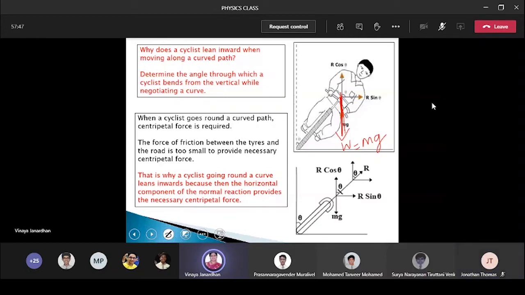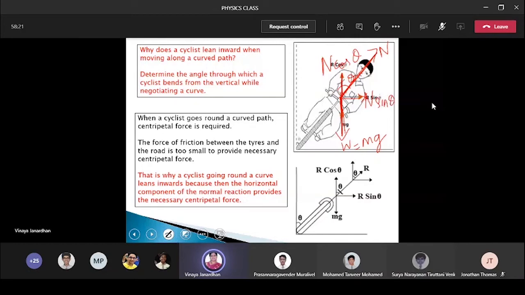So weight is acting vertically downwards. Boys, please listen. The cyclist is not upright. The cyclist is leaning towards the circular path. So normal reaction will always be perpendicular to the surface. This normal reaction is making an angle theta with the vertical. So this becomes N cos theta, and the horizontal component becomes N sin theta.